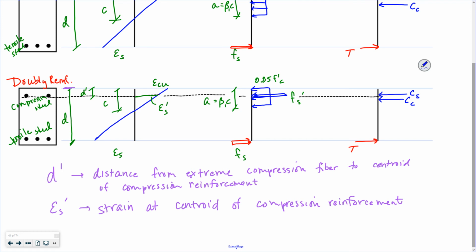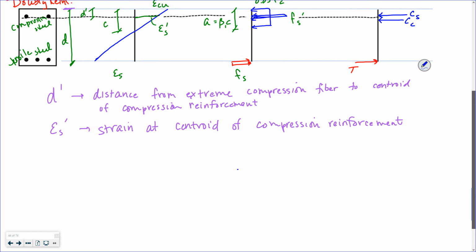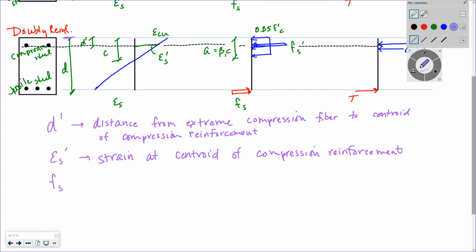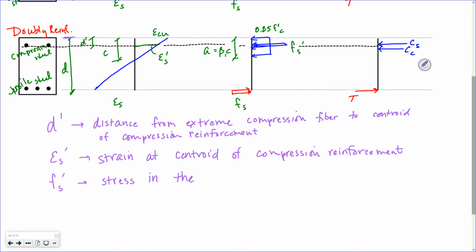What's the other value? The other value I was going to write was Fs prime, that's the stress in the compression reinforcement. It is based on the strain at the centroid.